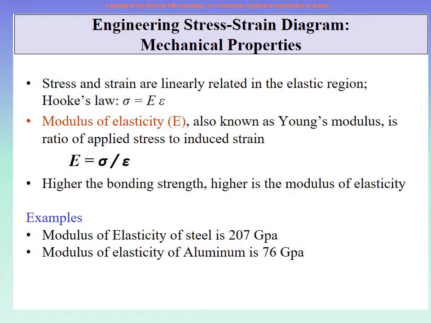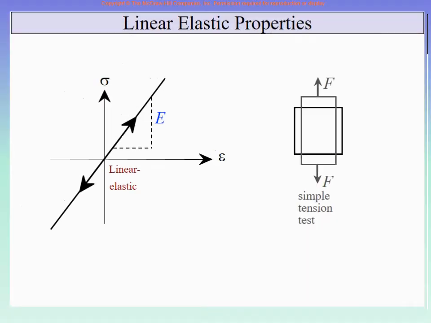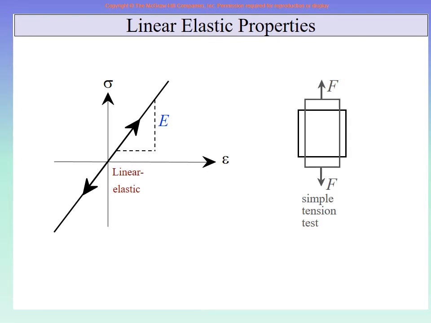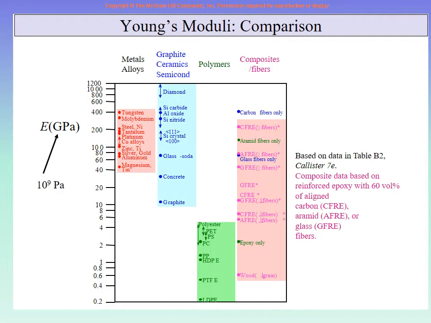Then we started describing the mechanical properties that you can derive or extract from the stress-strain curve. The first is the modulus of elasticity, or Young's modulus. This is the relationship. It is a linear straight line and so on. Here is a comparison of the Young's modulus values of the four basic material categories: metals and alloys, ceramics, polymers, and composites.